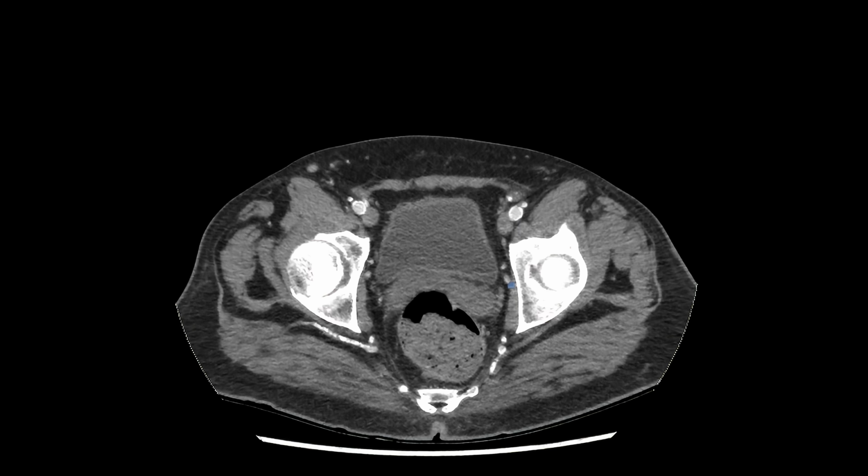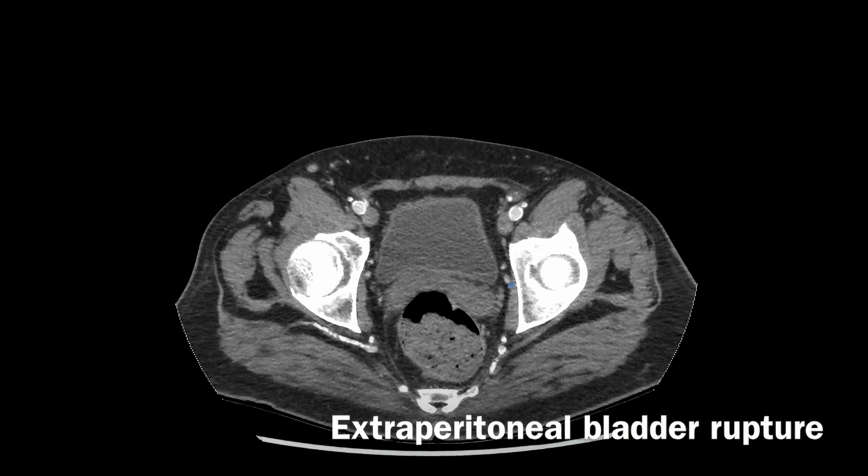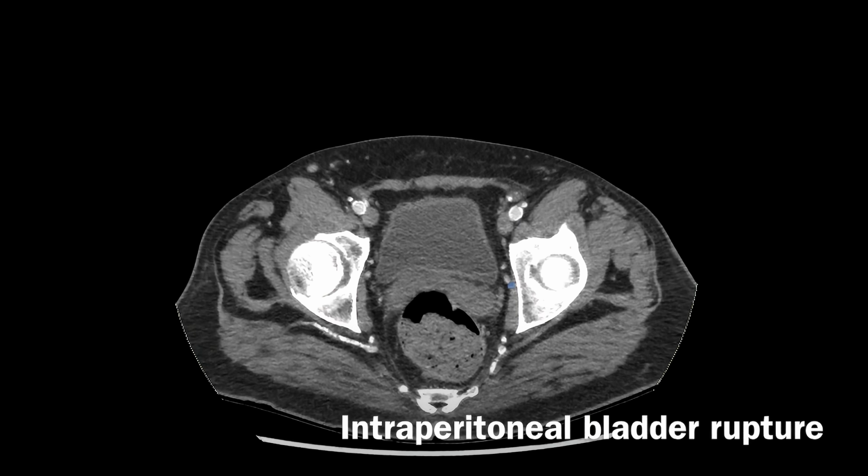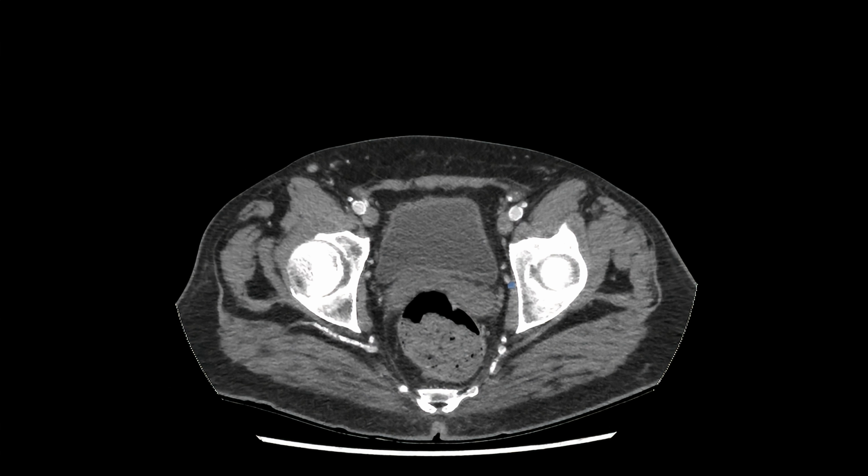The two main types of bladder rupture are extraperitoneal bladder rupture, where the bladder is ruptured into the extraperitoneal space only, and intraperitoneal bladder rupture, where the bladder is ruptured into the intraperitoneal space. The intraperitoneal bladder ruptures, or any bladder rupture that has an intraperitoneal component, is usually treated surgically, whereas extraperitoneal bladder ruptures are treated conservatively.